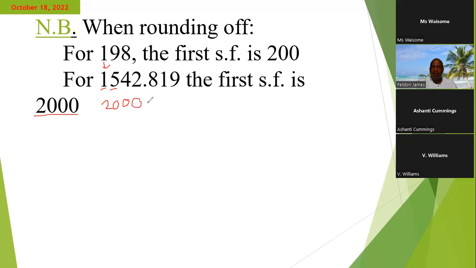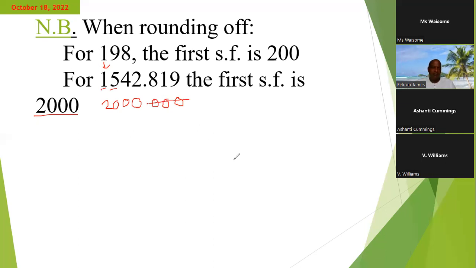However, anything that comes after the point, we drop them off, because if they come after the point and we even put 0 there, it really doesn't make a difference to have those zeros there. So in this sense, we just drop off these and just leave it 200.